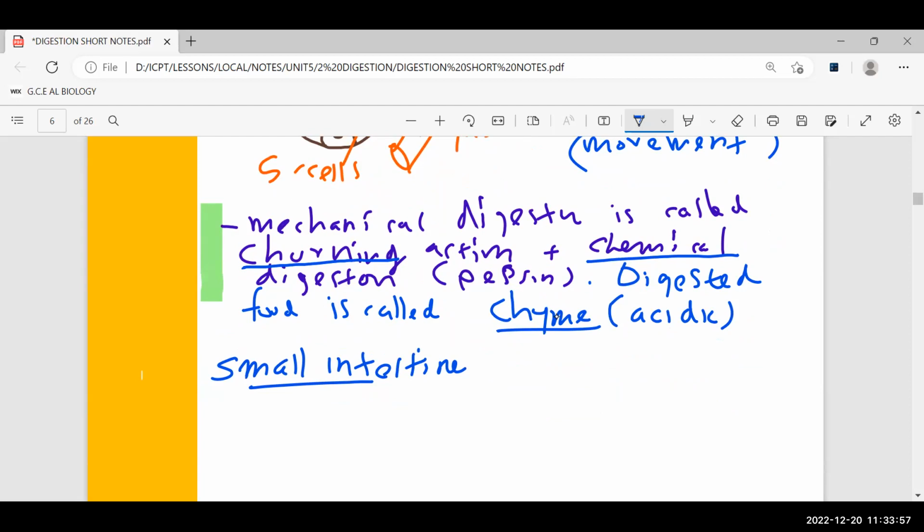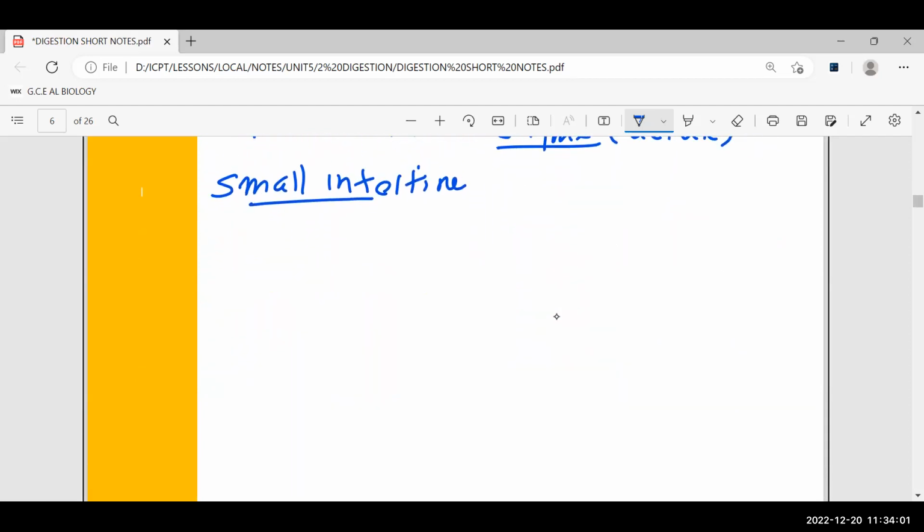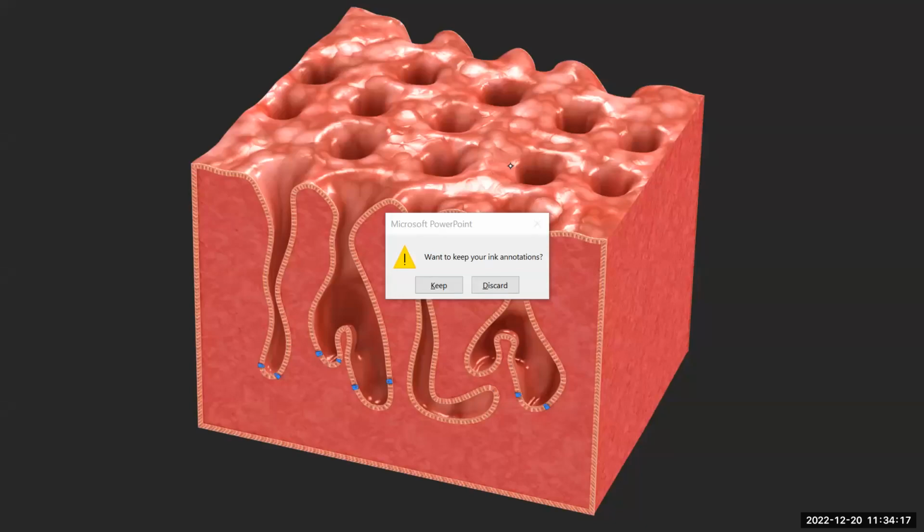Okay, now in a small intestine, we can also find the folding to increase the surface area. But if you look in the 3D models, here it is more into the inside.